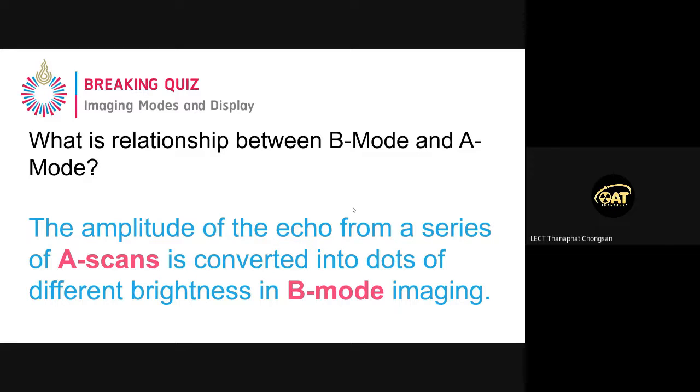In short, the 1D depth data from A mode is compiled to create the 2D B mode image. The conclusion: A mode 1D data can be compiled and converted to B mode, or 2D imaging. The first data set of B mode is A mode.